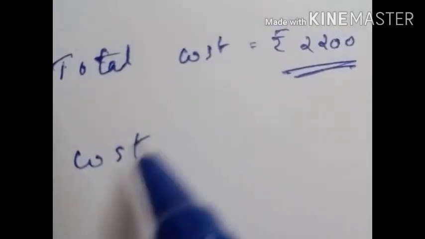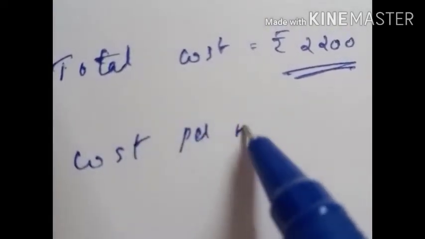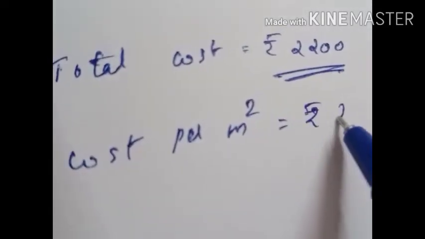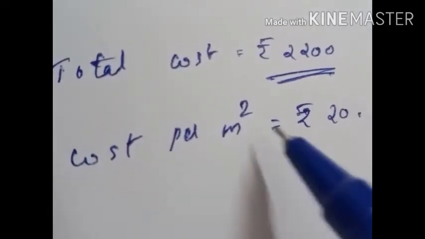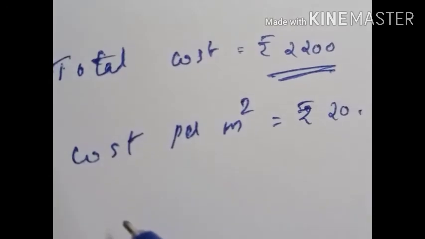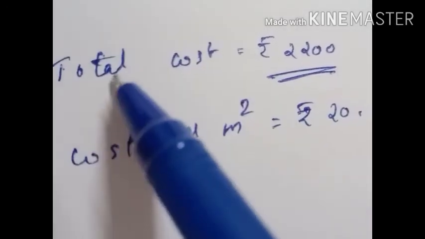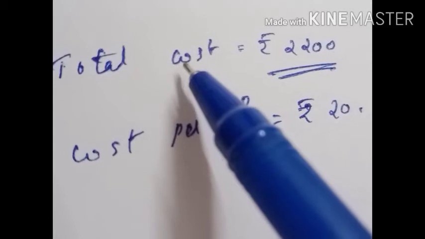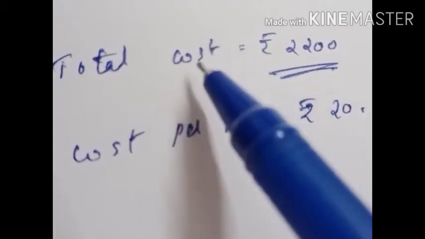Cost of painting per meter square is given as rupees 20. So here we have to find what is the inner curved surface area, because here the total cost of painting inner curved surface. So we will get inner curved surface area.